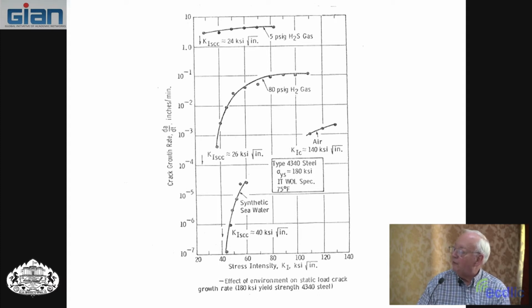In this case, it takes less than a minute to fail. So some of these environments act very fast, and a lot of times, like with hydrogen gas and hydrogen sulfide gas, here's the threshold value, 26 and 24. They're pretty close together. The seawater is higher.